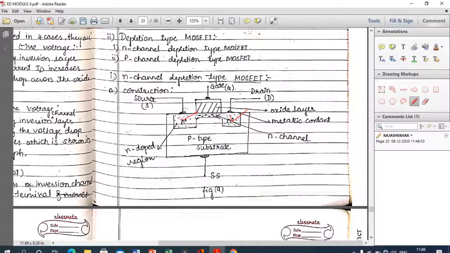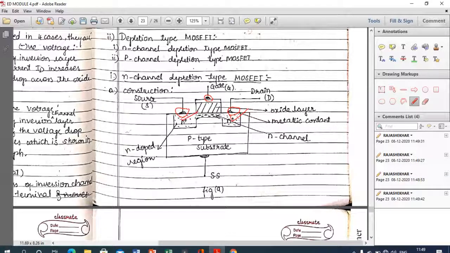The source and the drain terminals are directly connected through a metallic contact to the n plus doped regions, whereas the gate terminal is connected through a metallic contact to the channel. This is the channel which is formed between the two n plus regions.